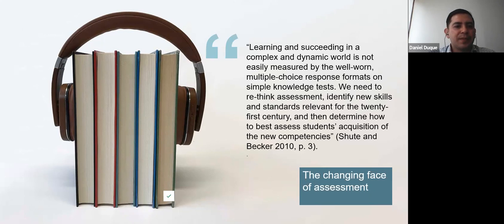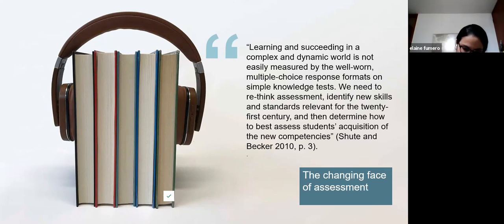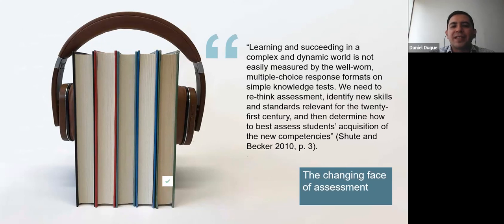From adding up these right answers, we can obtain a score. The score is then viewed as a true representation of the knowledge of the test taker. However, this narrow view is nowadays seen as insufficient and even inaccurate in today's changing classroom.